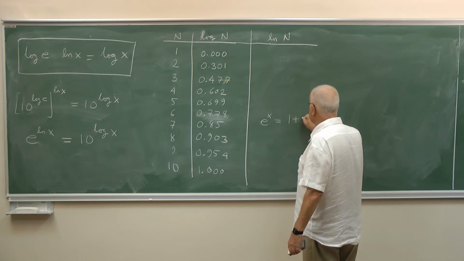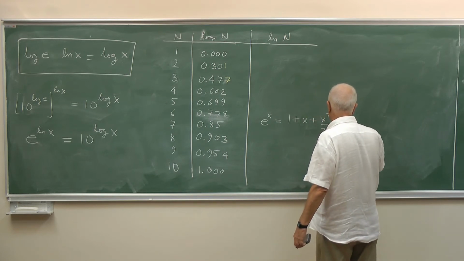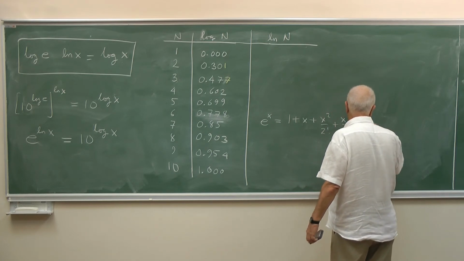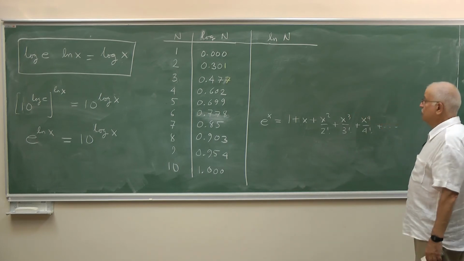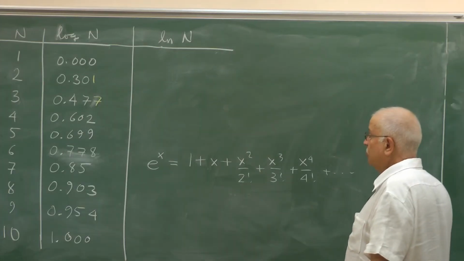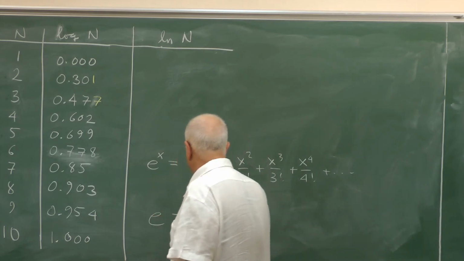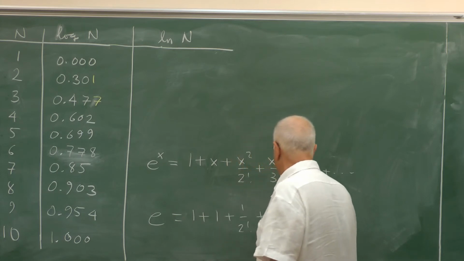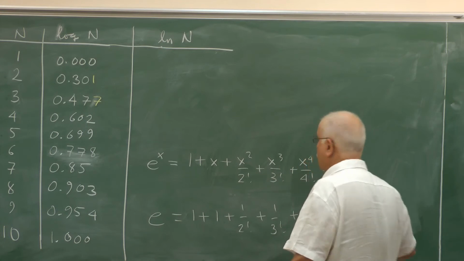It was 1 plus x plus x squared over 2 factorial plus x cubed over 3 factorial plus x to the 4th over 4 factorial, and so on. How about x equals 1? When x equals 1, e will equal 1 plus 1 plus 1 over 2 factorial plus 1 over 3 factorial plus 1 over 4 factorial, and so on.